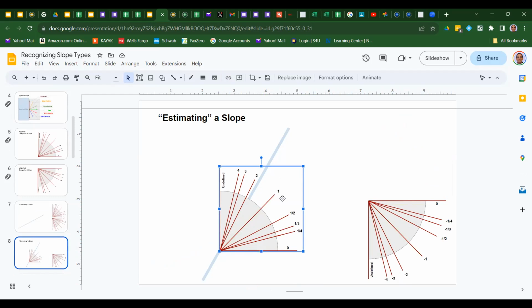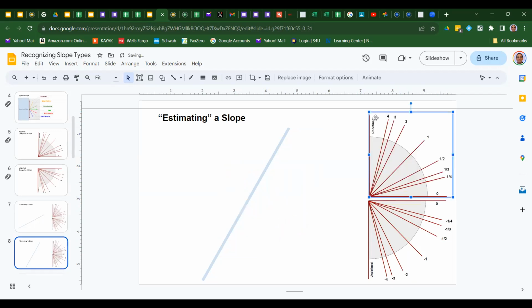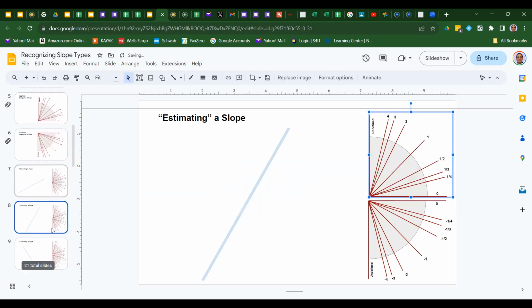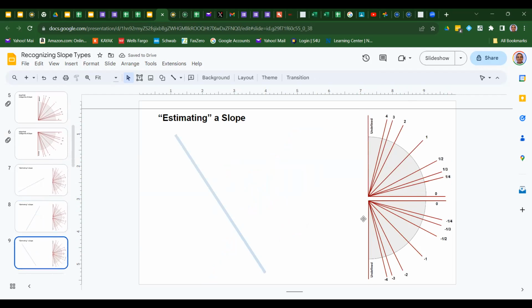But the point of being able to estimate this is that this is a steep positive slope. Not that we know that it's exactly 2 or it's exactly 1.8 or whatever it might be, but that it's more than 1. That's probably the most important thing, is that we recognize that this is a slope of more than a positive 1. Let's take a look at another example.